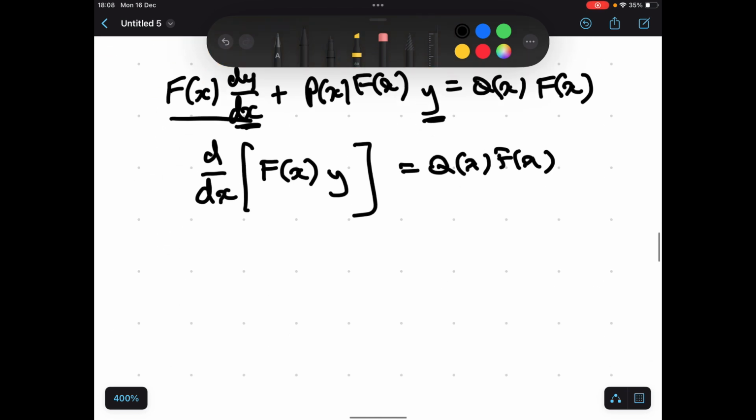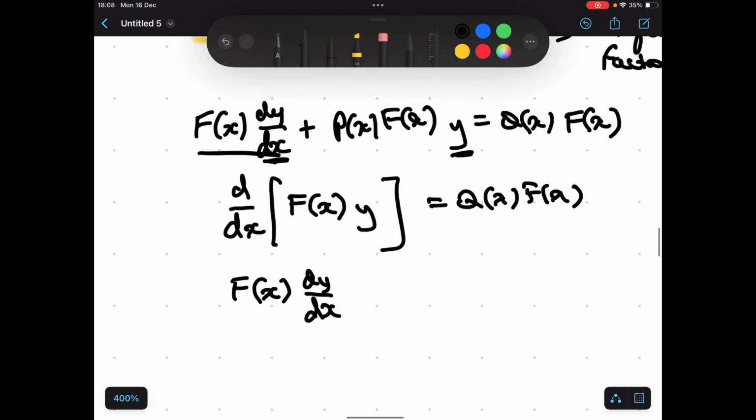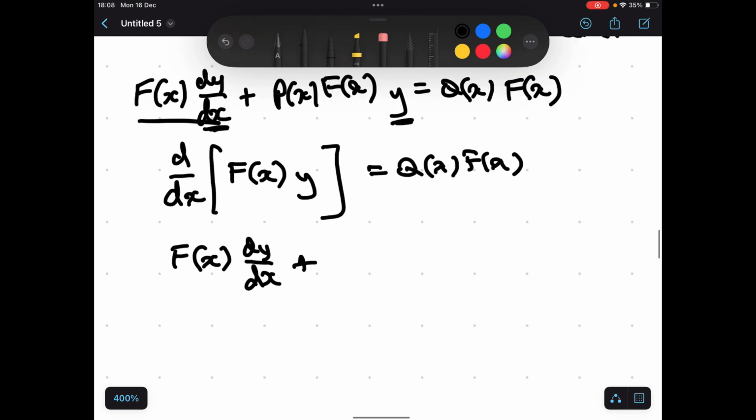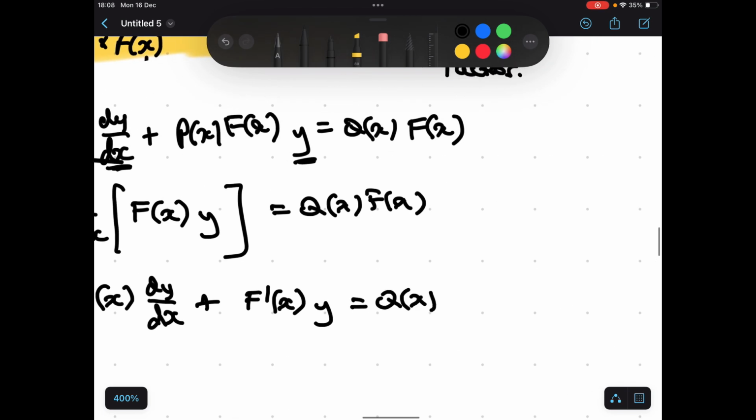Okay, the right hand side stays the same, and then we simply just do it, right? We have f of x dy over dx, which is what we have over here, plus f prime of x y equals q of x f of x. Lovely.